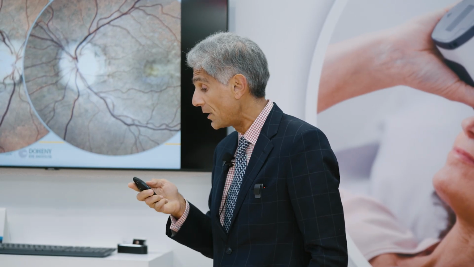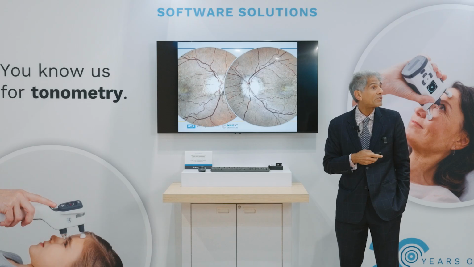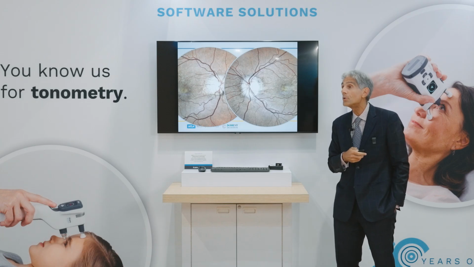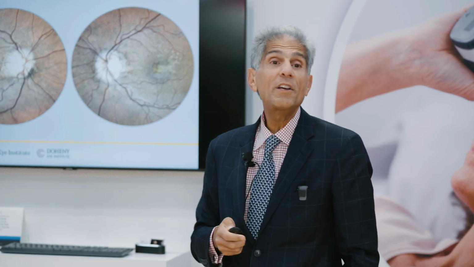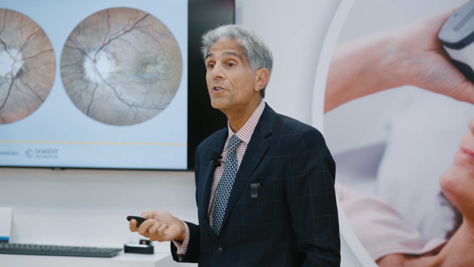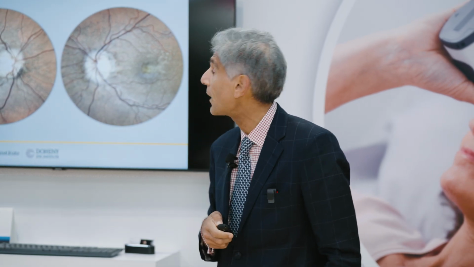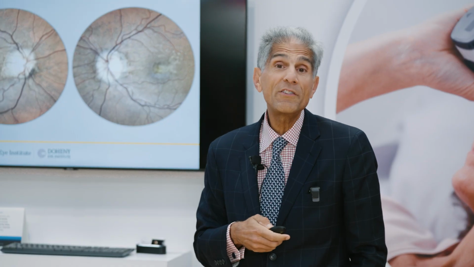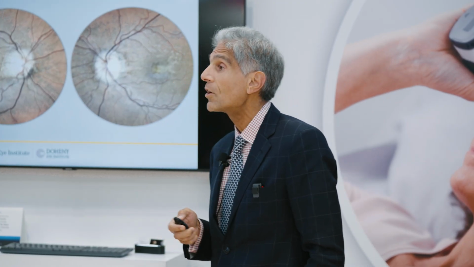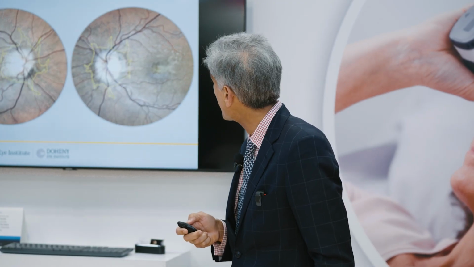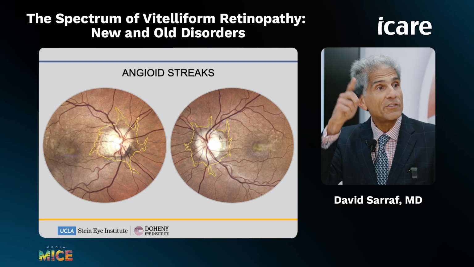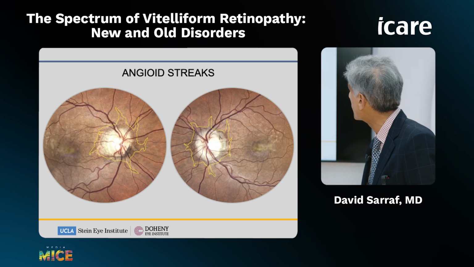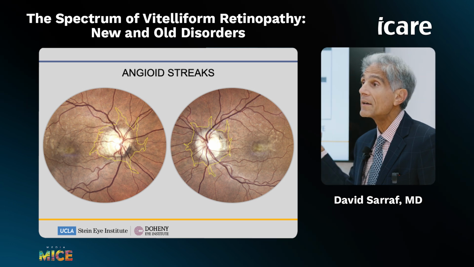to angioid streaks. And in fact, this was a stimulus or the motivation to do a study of patients with angioid streaks. The most common systemic condition associated with angioid streaks is pseudoxanthoma elasticum. And we tested this patient for various causes of vitelliform lesions and angioid streaks, and you can see the yellow dotted line is highlighting the angioid streaks around the disc, and it all came back negative.